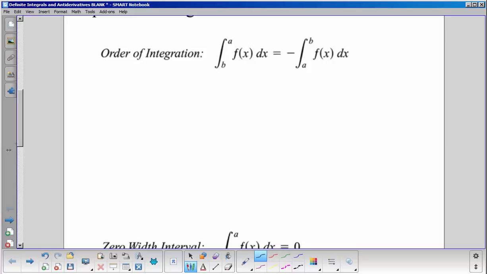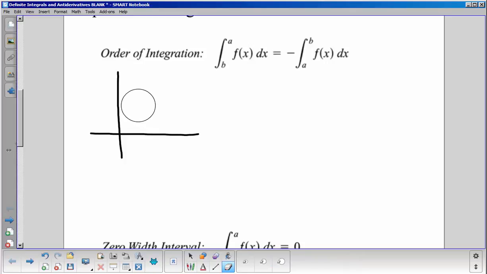So what's the difference? Right, so I'm just going to draw a real quick picture here where I have my f of x, and I'm going to try to make it look like the original one. I'm going from A to B, that's the area.